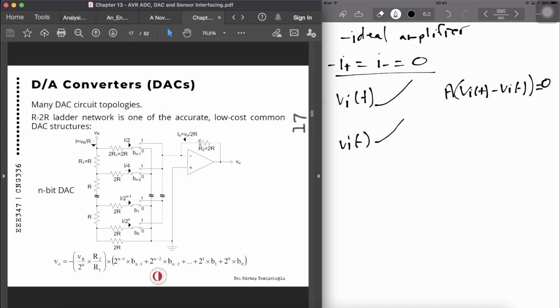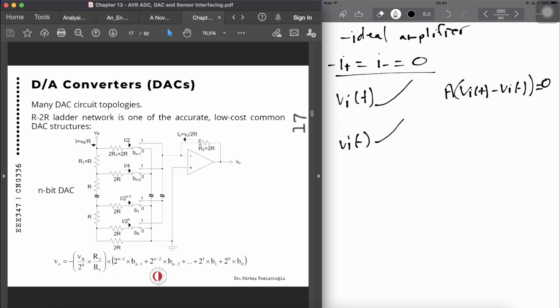Now, if we decrease the voltage, the opposite happens. So basically, this amplifier will use its negative feedback until V plus is equal to V minus. That will be an equilibrium or stable point. This is the property of an ideal amplifier.